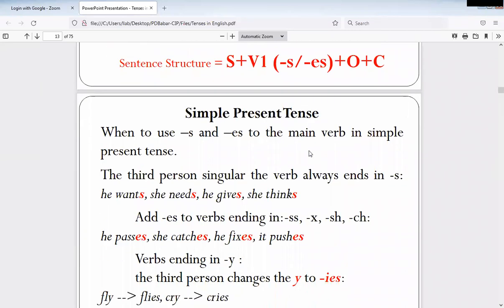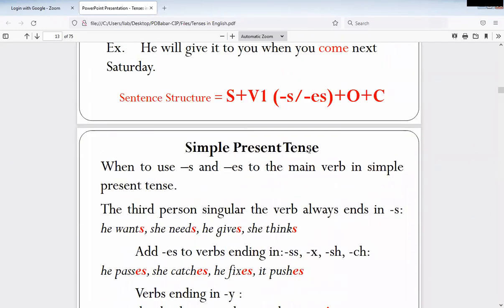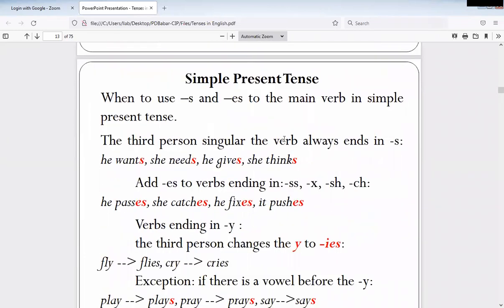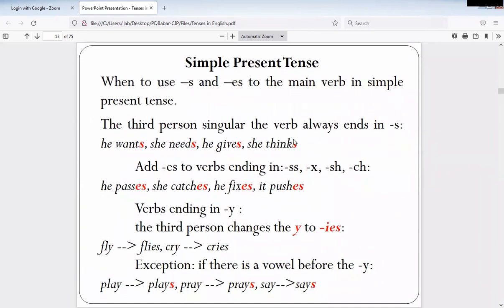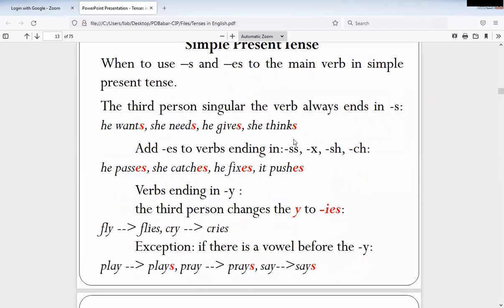So this is the sentence structure: subject plus V1 s/es plus object plus complement. We also discussed when to add the s or es suffix.